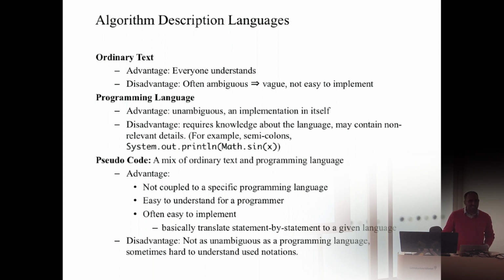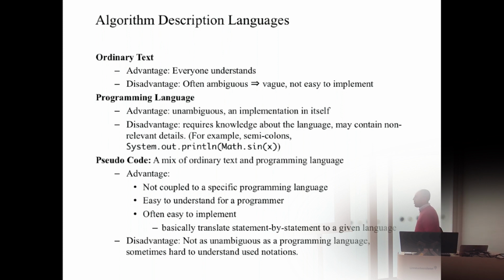If a person does not understand Java, then that algorithm is not really useful. It's only useful for people who know that specific language. And if you have written it in Python, then the audience must first learn Python.